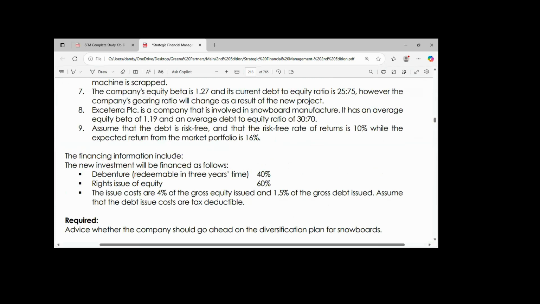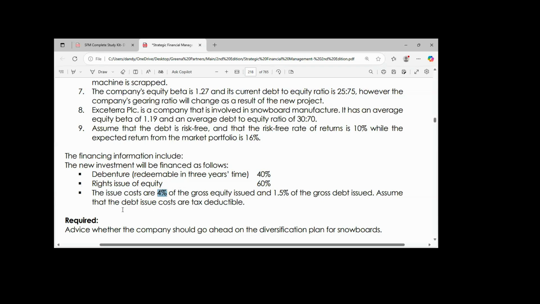The financing information says the new investment will be financed as follows: the debenture that is redeemable in 3 years' time, 40%. So debt is 40%, rights issue of equity is 60%. The examiner has given you the issue cost rate to be 4% of the gross equity, then 1.5% of the gross debt.